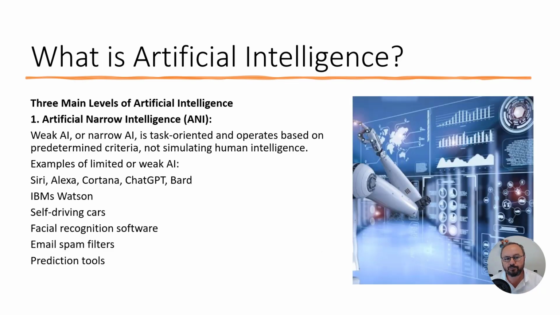All right, so when we consider weak AI, this is considered artificial narrow intelligence, known as ANI for short. Now, weak AI or narrow AI is task-oriented, and this is really determined by how it was programmed.